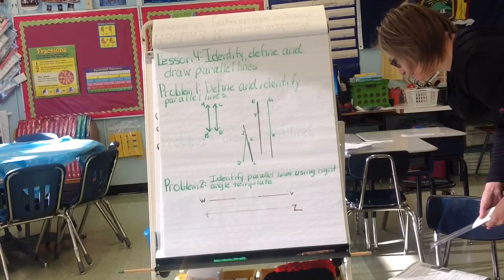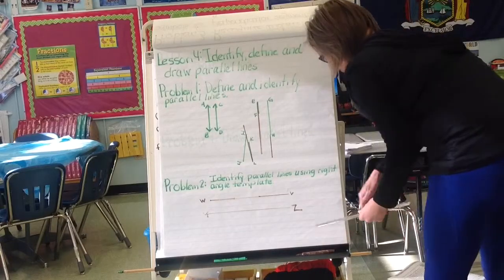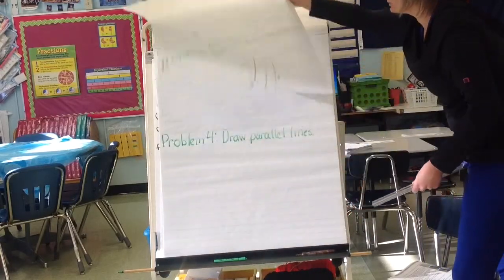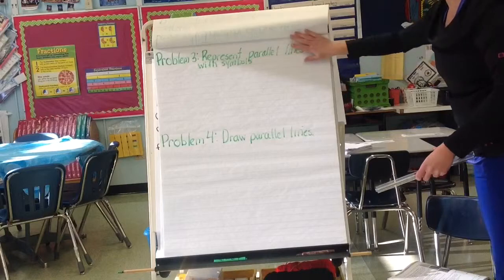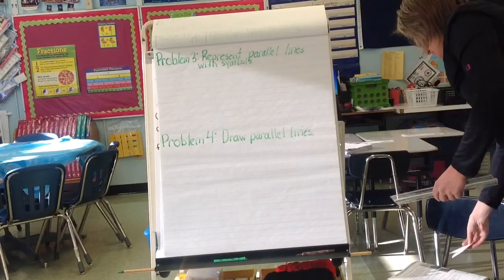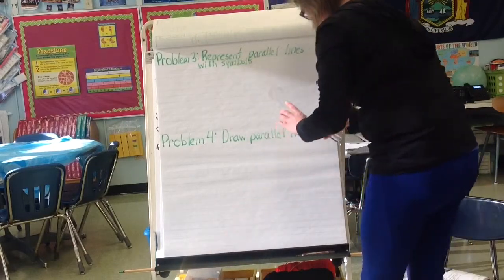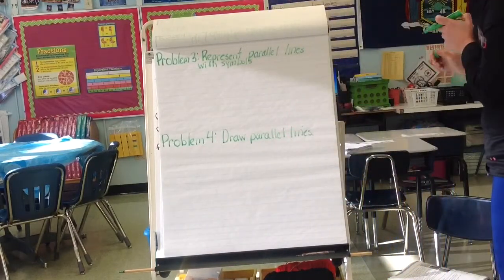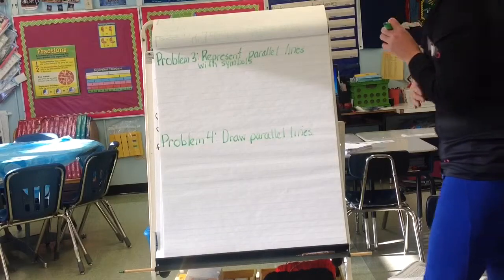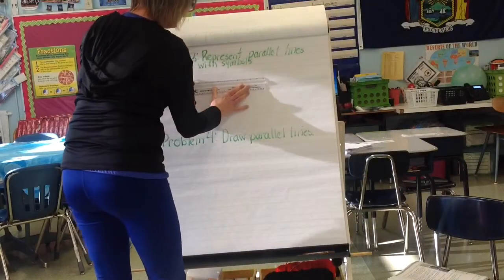Now if we have two parallel lines, we can use symbols, just like with writing perpendicular. There are symbols for parallel as well. So let me get my straight edge and something to write with. We'll draw two parallel lines.